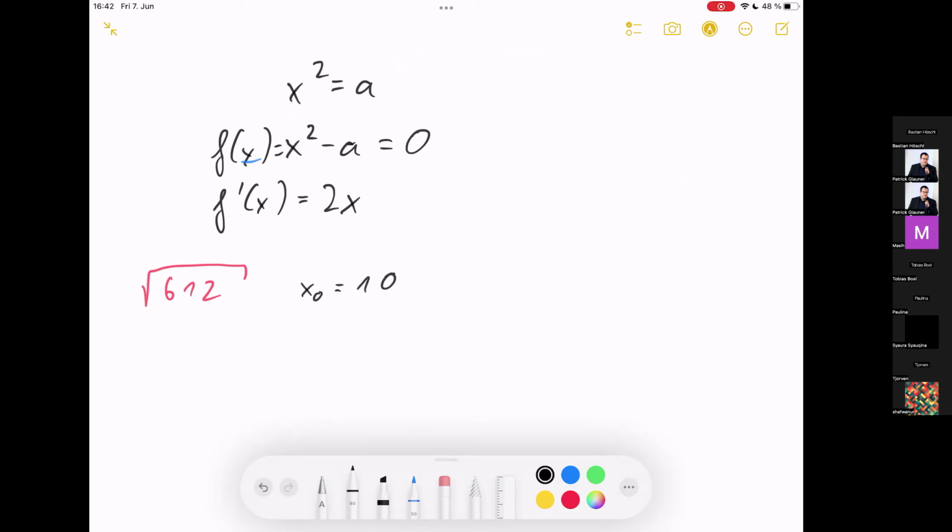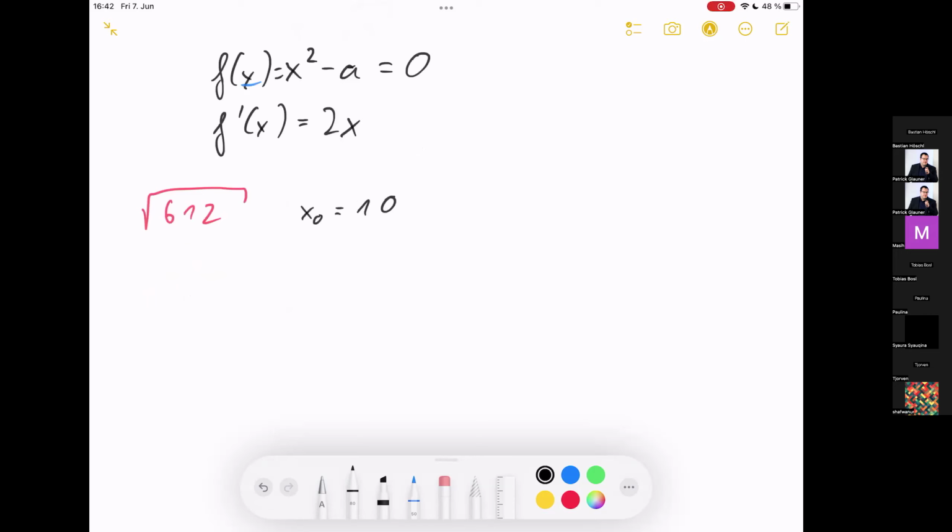Obviously, the square root of 612 is more than 10, because 10 squared is 100, but it's maybe not too far off. And if we use the 10 now, we still have numbers that are fairly okay to deal with. So now I want to approximate x1. So x1 is x0 minus f of x0 divided by the derivative of f at x0.